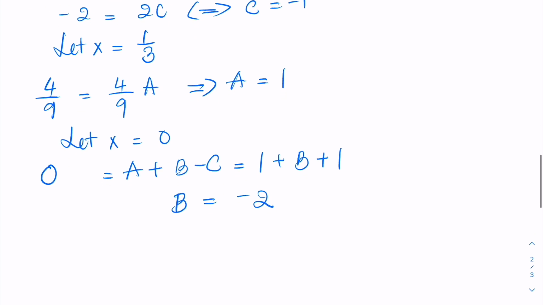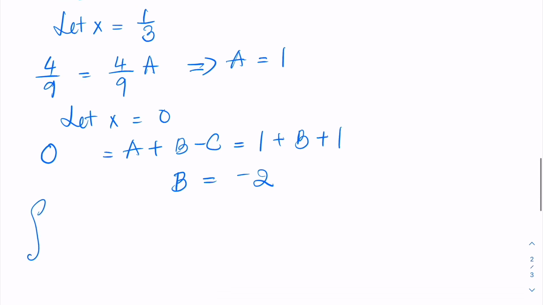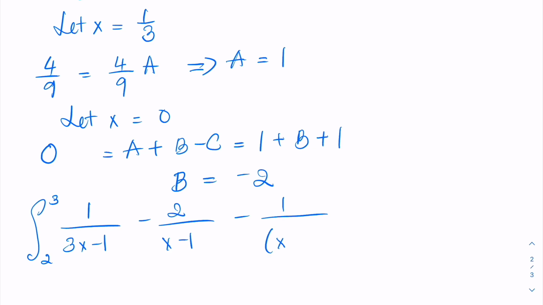Okay? Now, our new fraction is going to be 1 over 3x minus 1 minus 2 over x minus 1 minus 1 over x minus 1 squared dx.